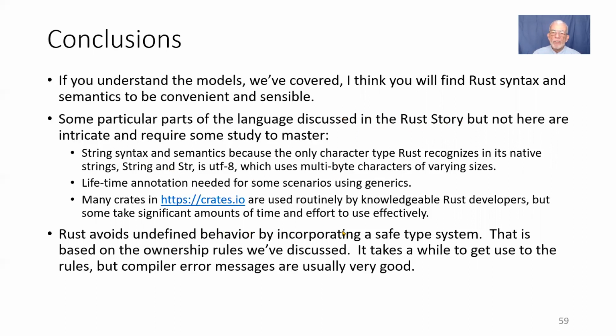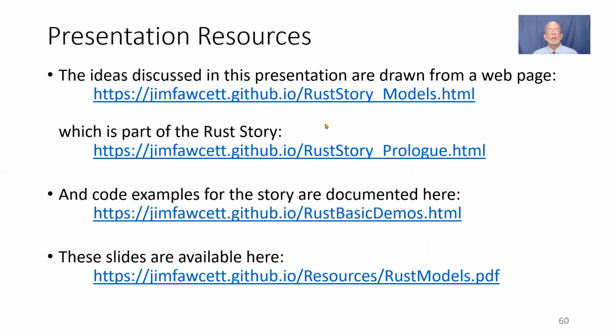Rust is built to provide type-safe operation. That means having no undefined behavior, and it does that mainly through using ownership policies, which we talked about in an earlier slide. So here are some resources for you to look at.